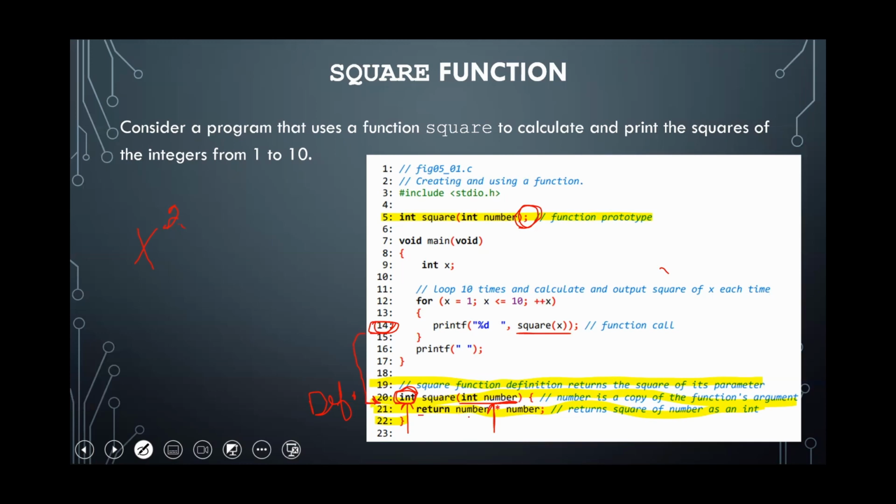It's going to return, another keyword, a value, and the value is going to be returned back to where it was called from. Okay, so line 14 invokes or calls square. The performance is done down on 20 and 21, and then the results are sent back up to 14.